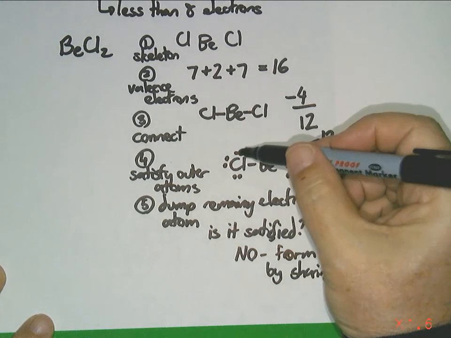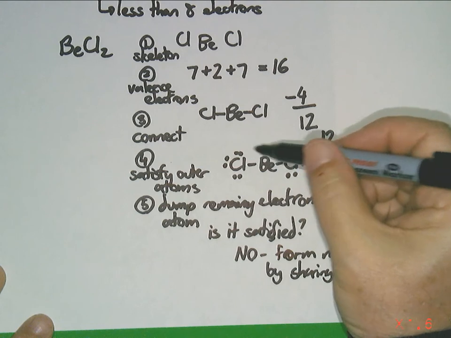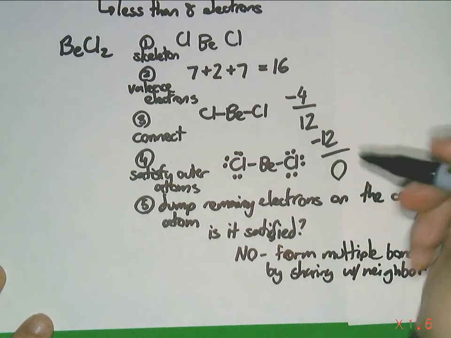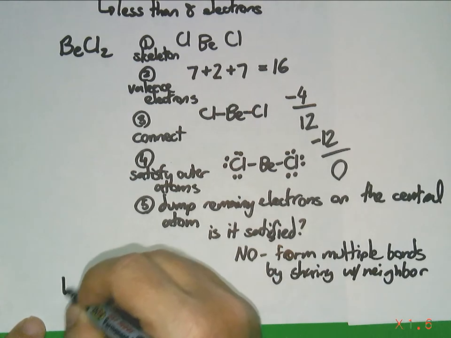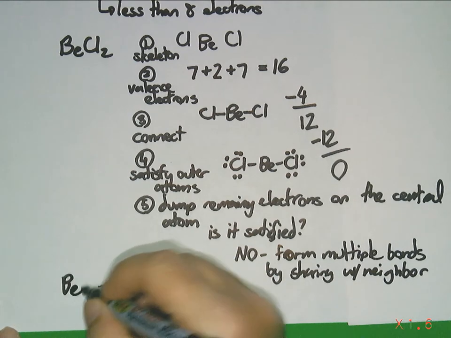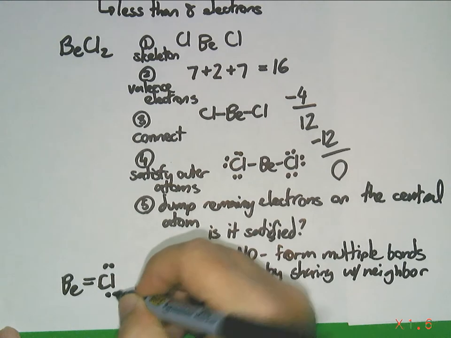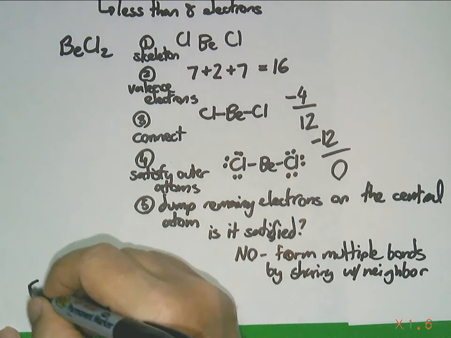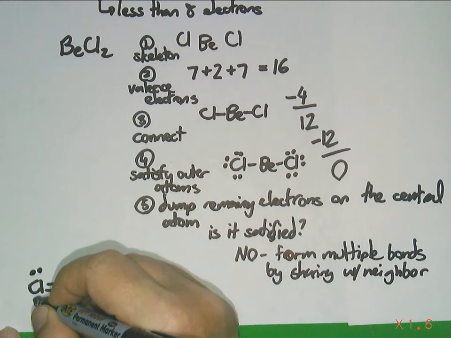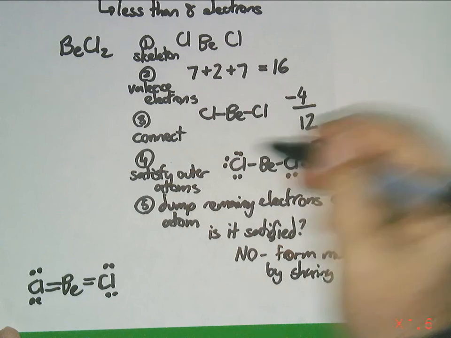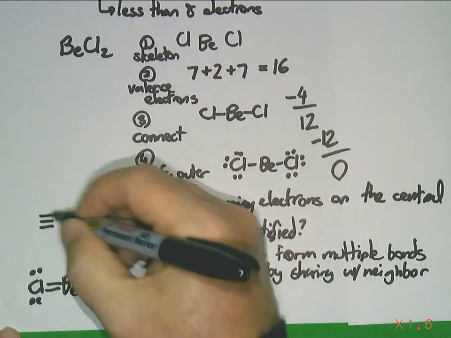I mean, I could do it a couple different ways. I could share an electron pair here and share an electron pair there and get a structure that looks like this. Or I could share it on one side, two pair on one side, and get a structure that looks like this.